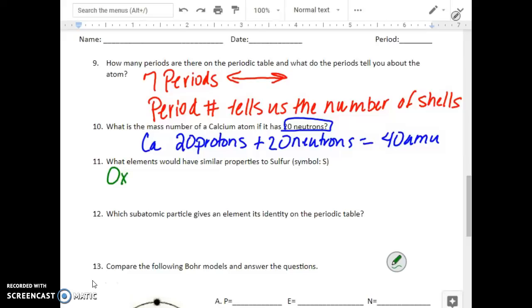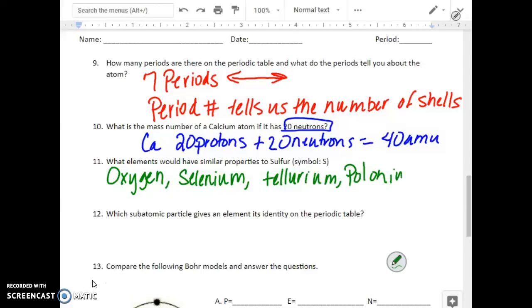That includes oxygen, selenium, tellurium, and polonium. All of them will have 6 valence electrons, which means they will be seeking to gain 2 electrons in order to fill their outer shell.